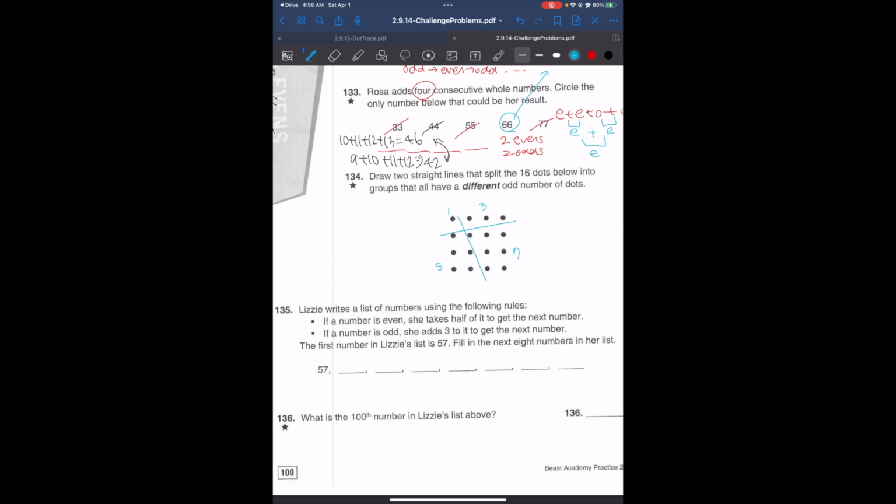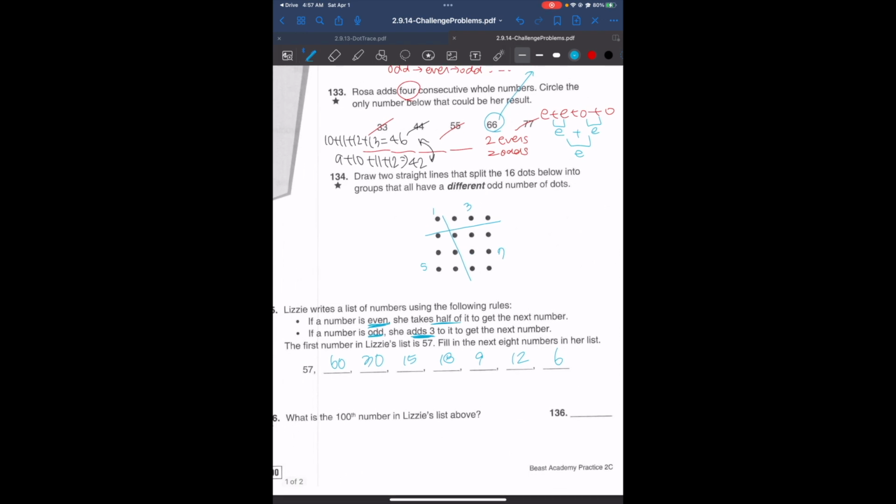Since 57 is odd, she's going to add 3 to get 60. Then 60 is even, so she takes half, 30. 30 is still even, so half gives 15. Now 15 is odd, so she adds 3 to get 18. 18 is even, so she gets half, 9. 9 is odd, so she adds 3 to get 12. 12 is even, so she takes half and ends with 6.